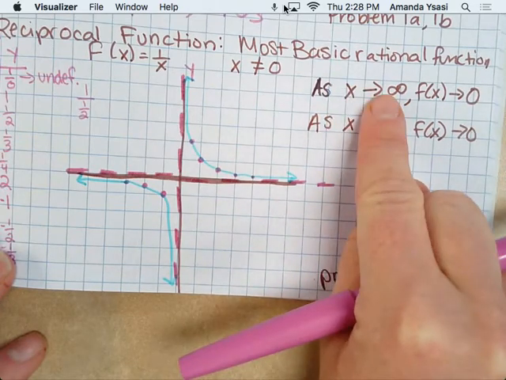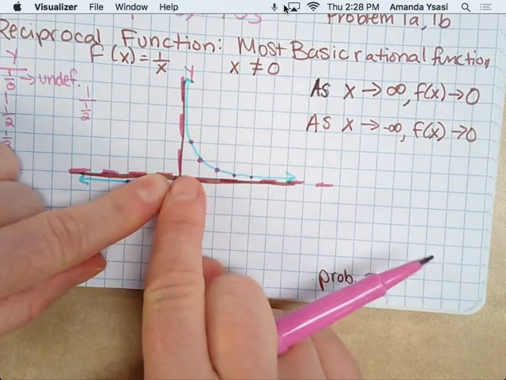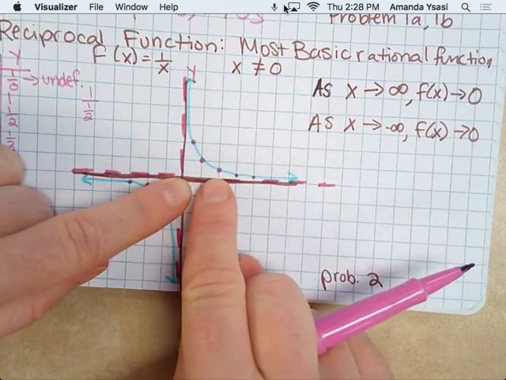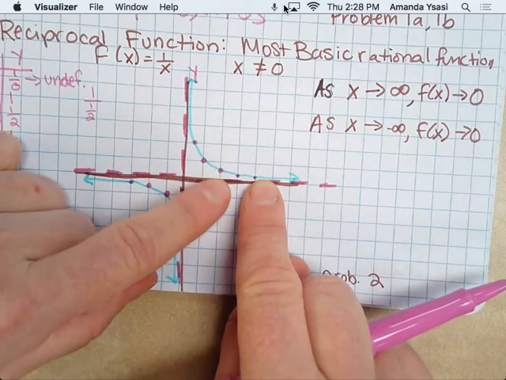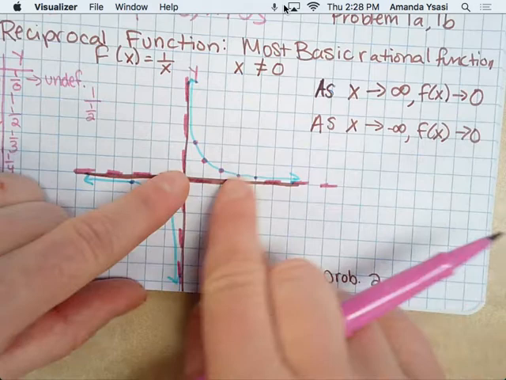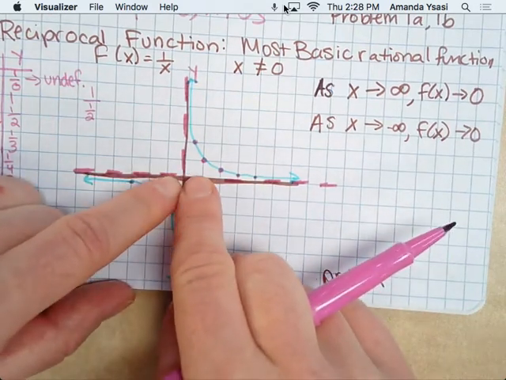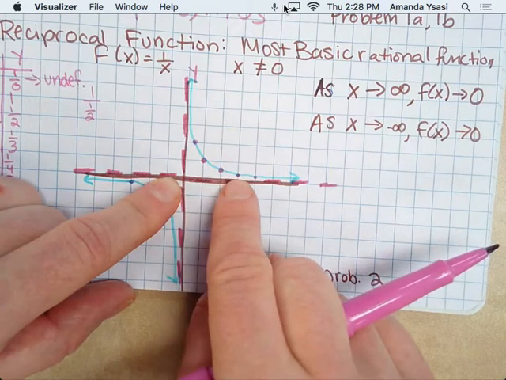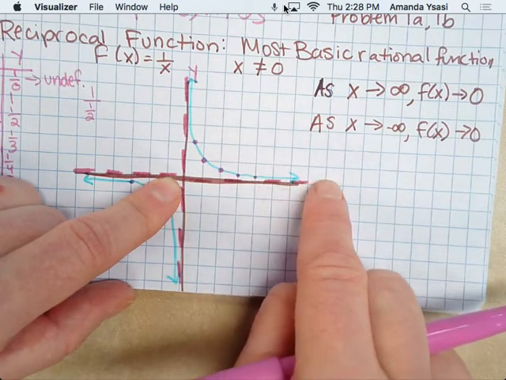As x approaches infinity, so you start on the x-axis, you start at the origin, and as you're going to infinity, the graph, this blue line, is getting closer and closer to 0. So as x goes to infinity, so you're going down the x-axis, the line gets closer and closer to 0 without actually touching it.